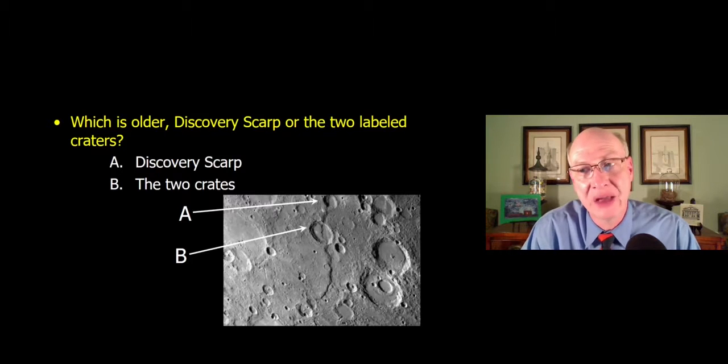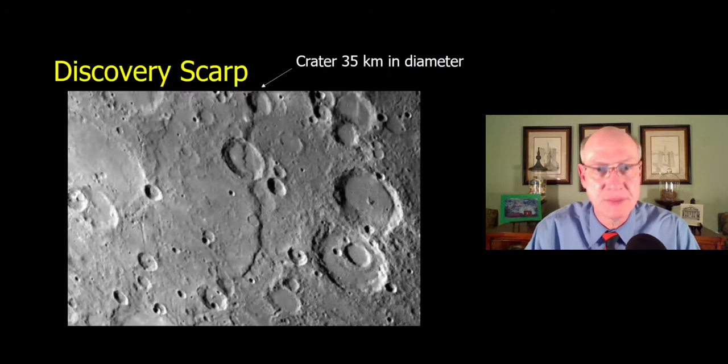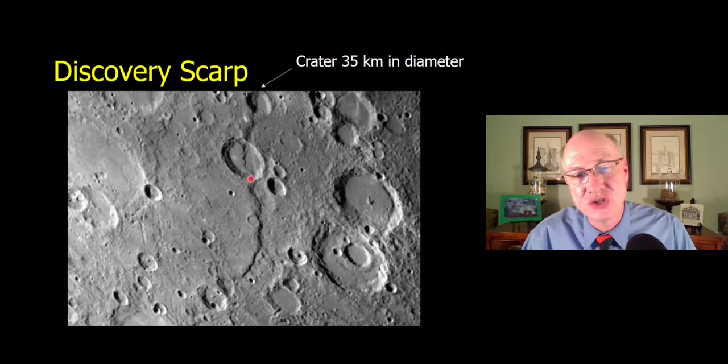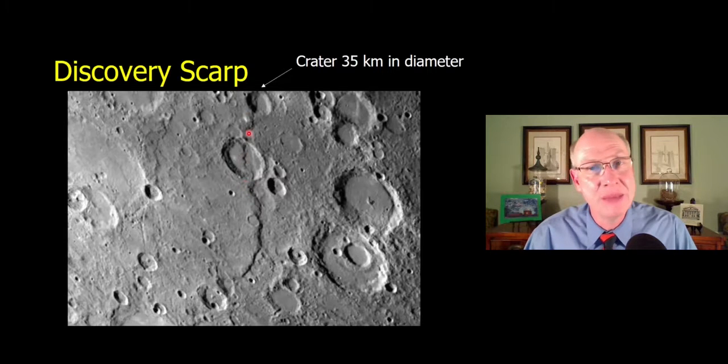All right, welcome back. What did you come up with for this one? Let me go back to this picture because we can see it in a bit more detail. I would argue that since the scarp is cutting across the craters, the craters had to be there first and the scarp came second. Think about what would have happened if the scarp was there first.